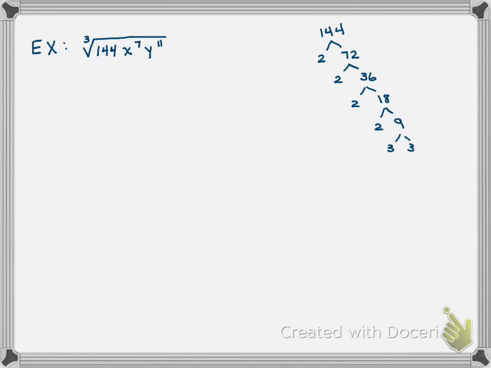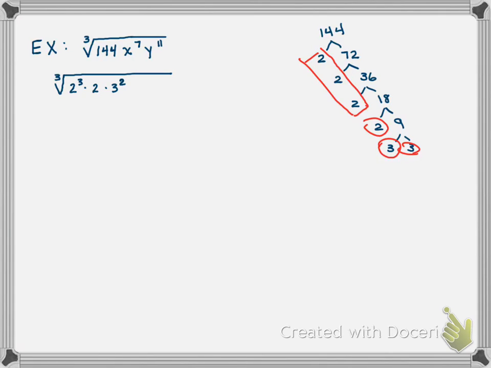So I'm going to take 3 factors of 2, and then the rest of them are just kind of on their own. So we have the cube root of 2 to the 3rd times 2 times 3 squared.